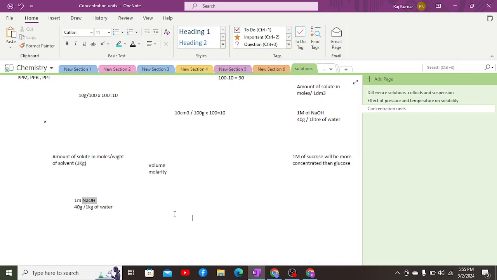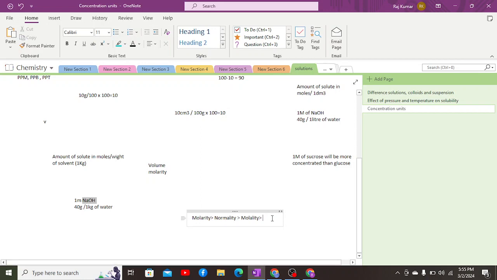After that, we are having another unit which is known as molality. But in between both of these, we are having another unit as well, which is known as normality. Molarity is the highest unit. Then there is normality, another unit we are going to discuss. Then there is molality, and after that we are having other units as well.